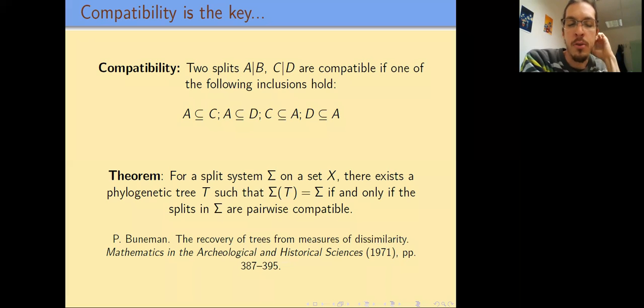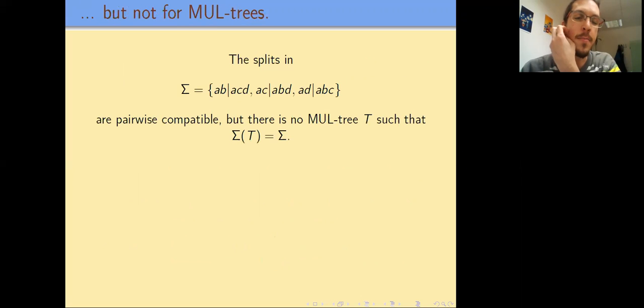It's a result due to Buneman 50 years ago. So that's for phylogenetic trees, that's for leaf sets, not multisets. Because, as I said in the introduction, when you look at multisets, things become very complicated.